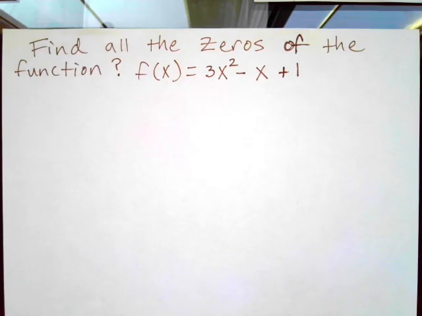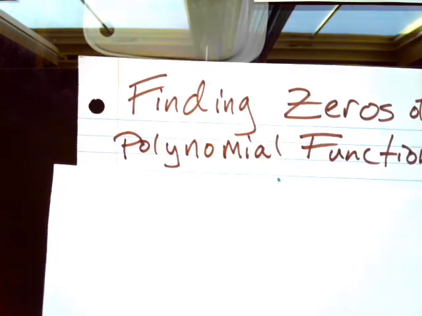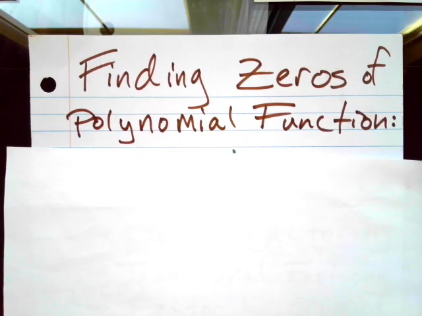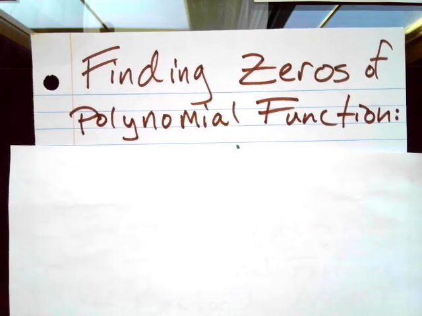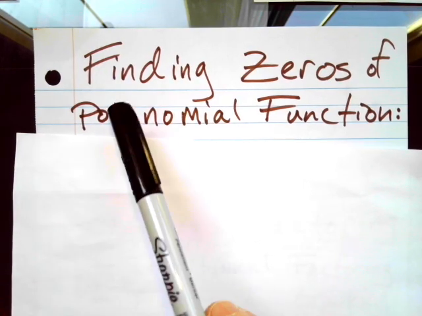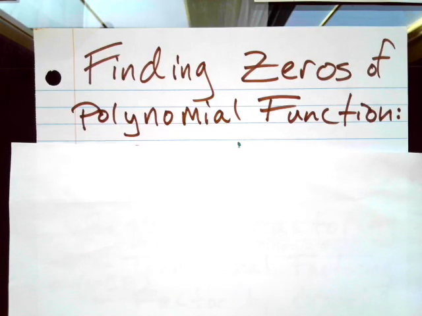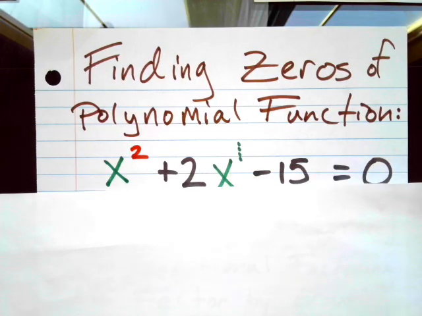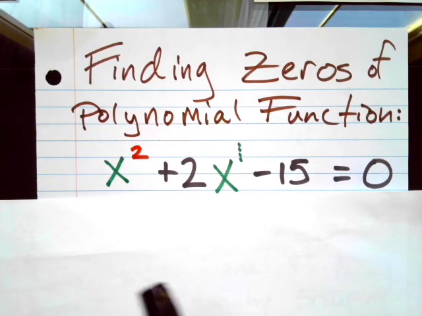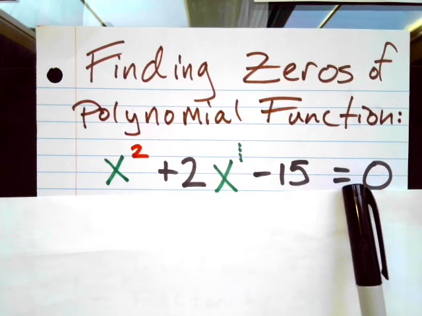Just giving you a little bit of a heads up, I would like to continue in the coming videos in working on how to factor and finding the zero or zeros of polynomial functions. An example of a polynomial function: x squared plus 2x minus 15 equals 0.